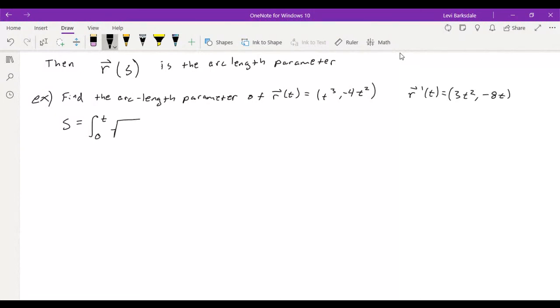So the magnitude of that would be the square root of 9t to the fourth plus 64t squared dt. Of course, since we have a t as a limit of integration, all of our t's on the inside should be replaced by u's. So that would be 9u to the fourth plus 64u squared.